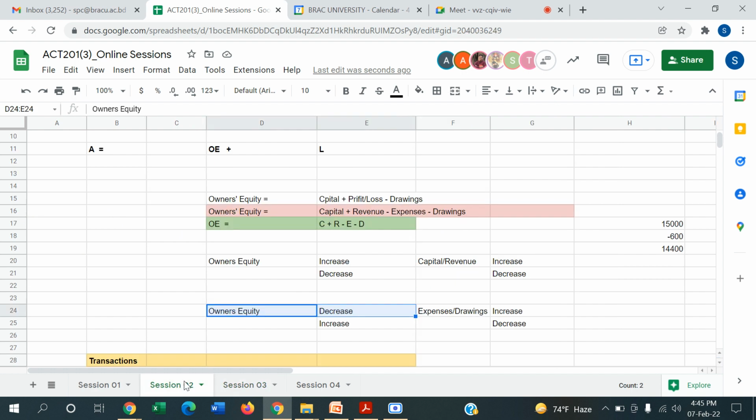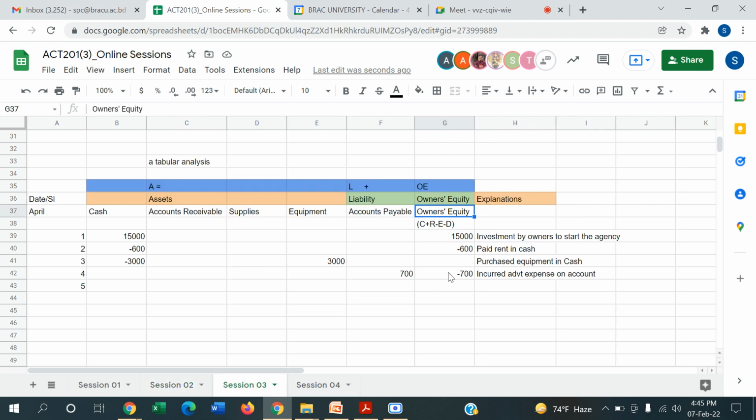As discussed earlier, if expense increases, owner's equity will decrease, and that's why we recorded negative 700. Now total liability and owner's equity is zero, total asset is also zero, which fulfills our first condition that assets must equal liabilities and owner's equity.